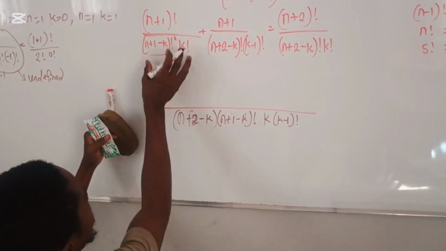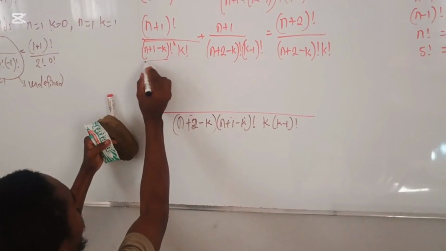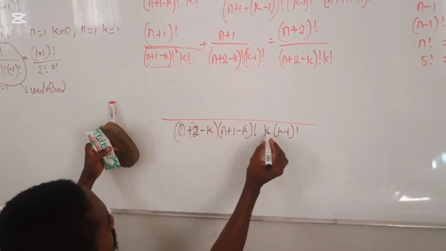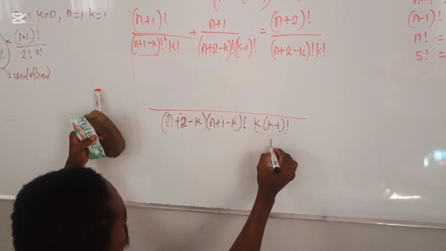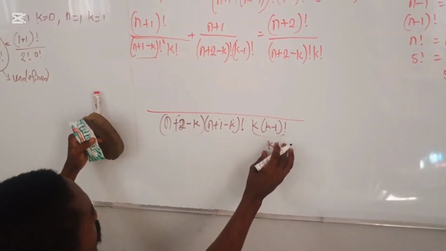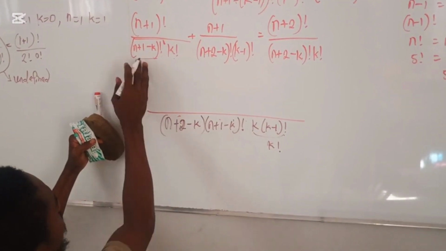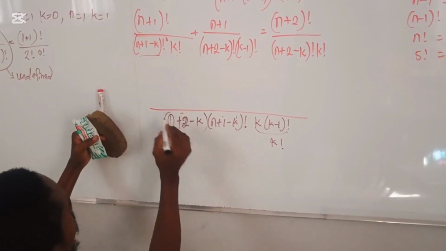So when I divide this by this, the whole of this one now is k factorial. So this has covered this. When I divide this by this, I will have n plus 2 minus k.